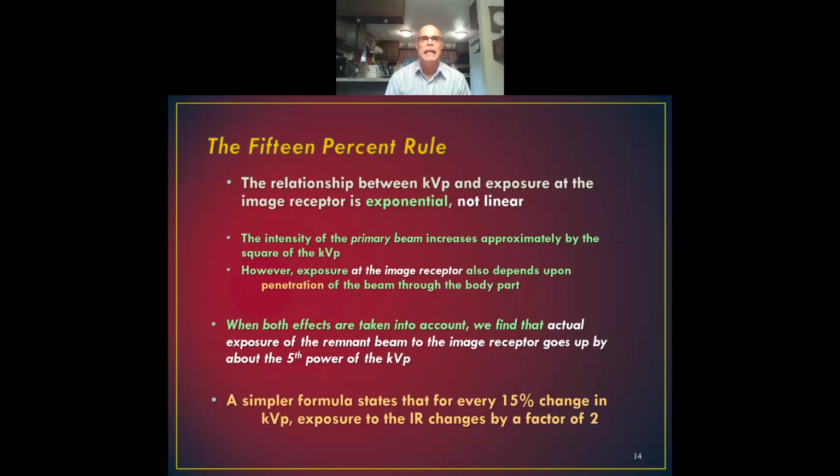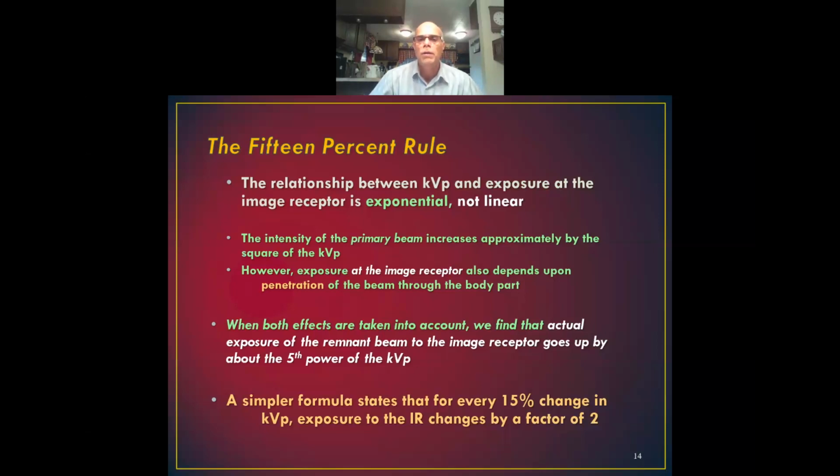The intensity of the primary beam, being the beam coming directly from the tube, increases approximately by the square of the used kVp. However, exposure at the image receptor, so this is actually going through the patient, also depends upon penetration of the beam through the body part.